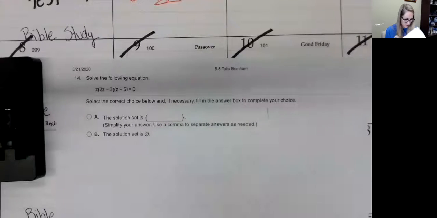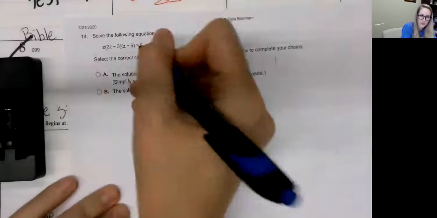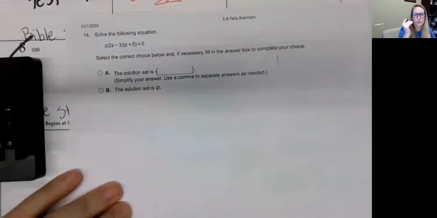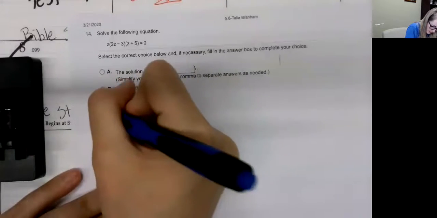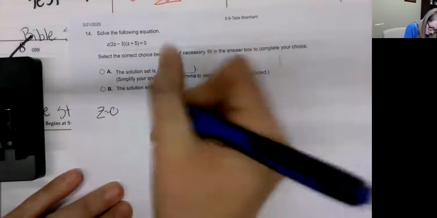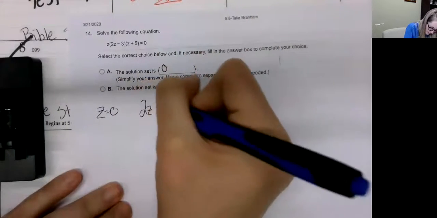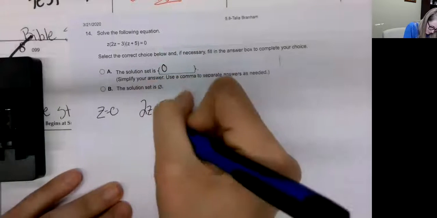This one's already factored out as well, so I'm just going to work it out down here. Since it's already factored into these separate factors, there are no exponents we have to deal with, so I have z equals 0 as my first one. 2z subtract 3 equals 0 is my next one. Let's solve it.